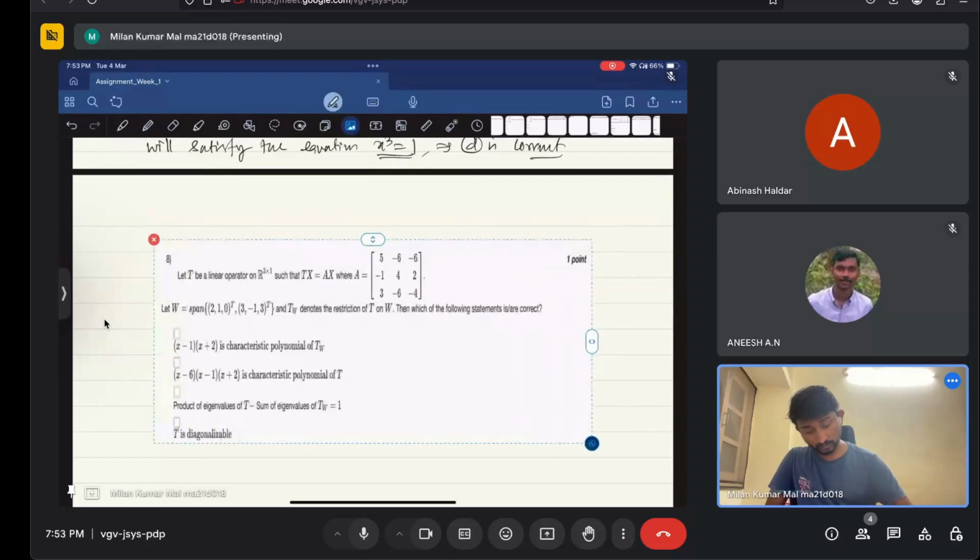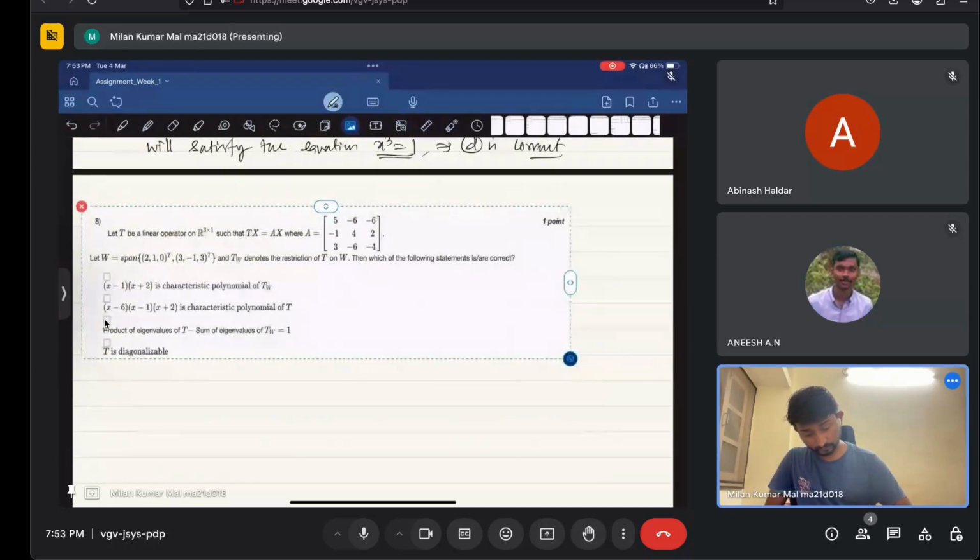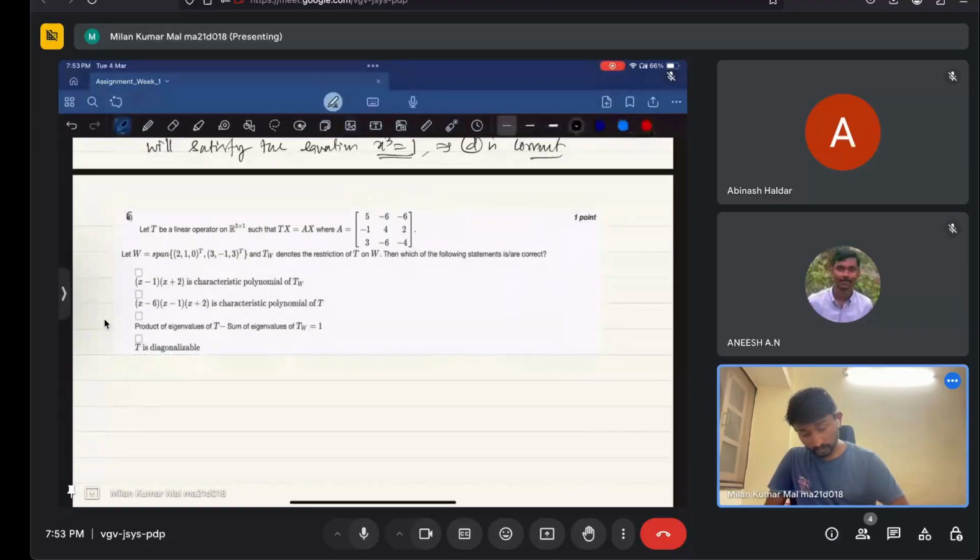Now what it is saying: let T be a linear operator such that Tx equals Ax, where A is the matrix representation with respect to the standard ordered basis of R3, that is 1 0 0 0 1 0 0 0 1.